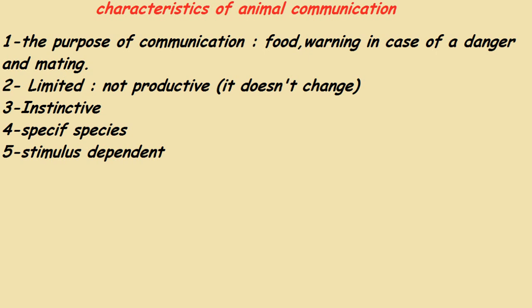Whenever there is hunger, the dog has to respond by communicating, so there will be a certain communication between the dog and its owner. For example, the dog barks whenever it is hungry, so the owner gives it food. This is about stimulus dependent. The stimulus is hunger. The dependent is the fact that the dog has to communicate to get food from its owner.